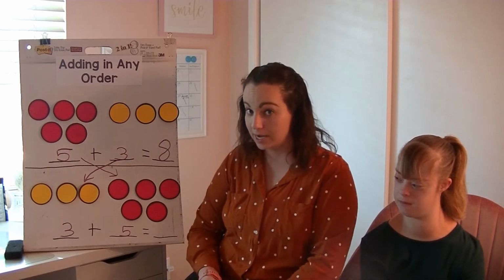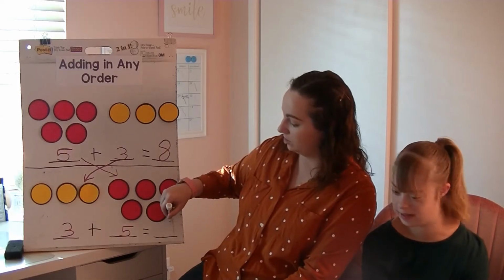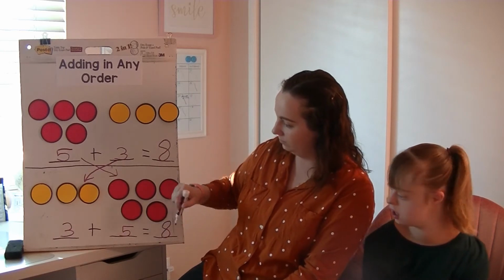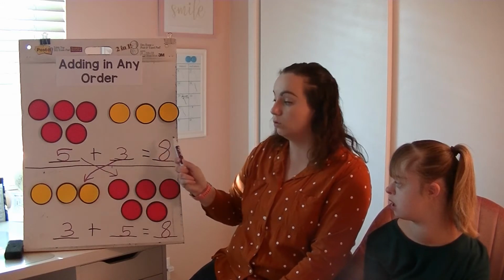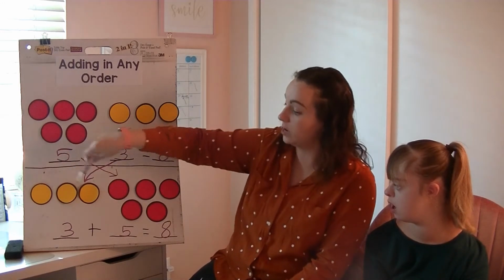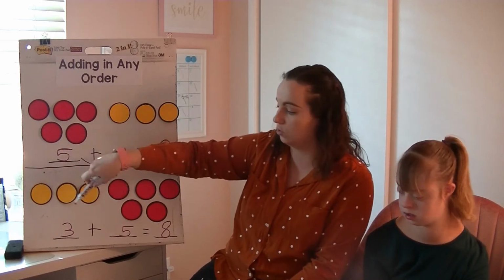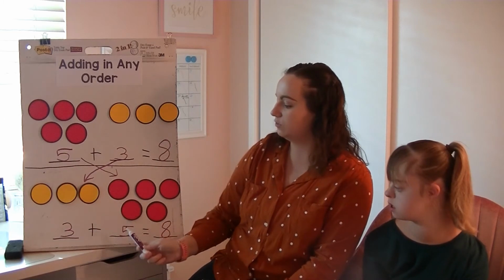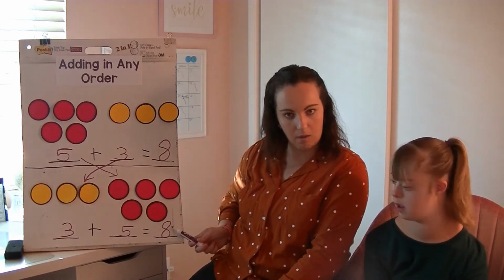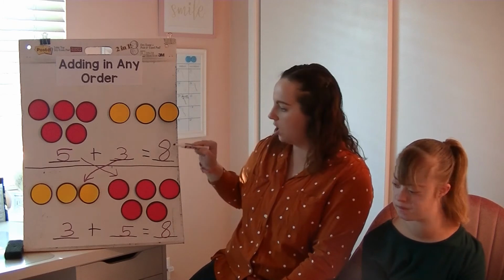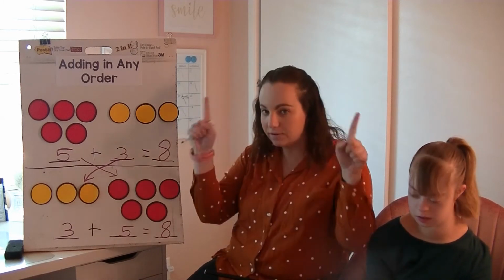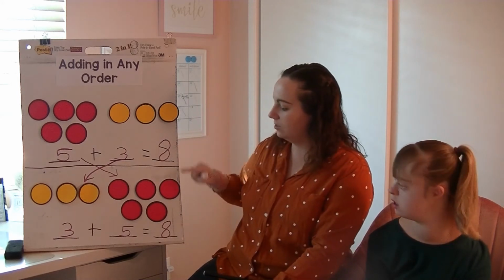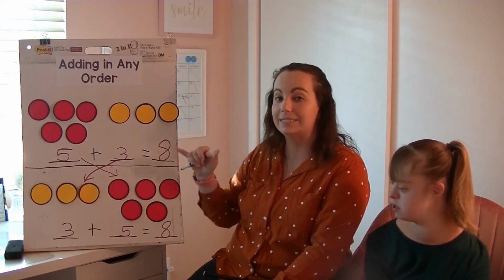Oh my goodness, I bet you're starting to see this as well. Look up here. 5 plus 3 equals 8. We switched the addends, switched the order, and said 3 plus 5 equals, what's that number? 8. Are these answers different, or is the answer, the sum, the same?